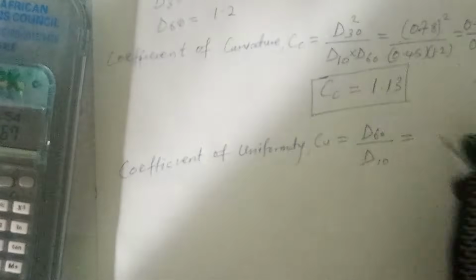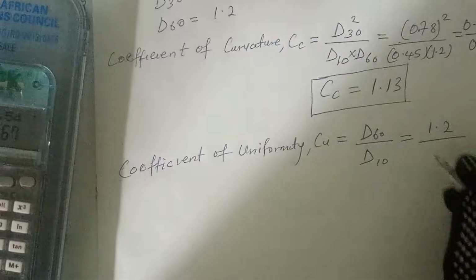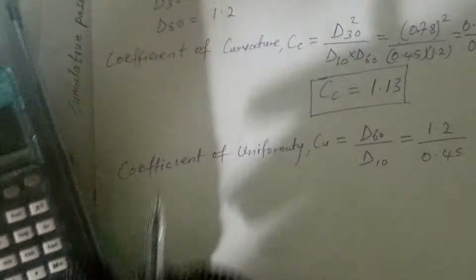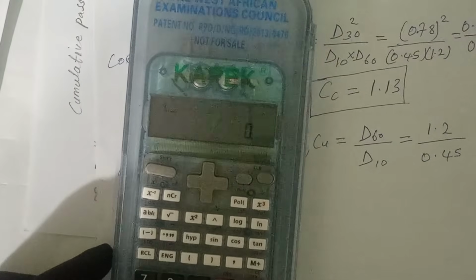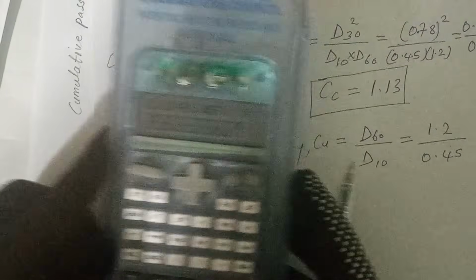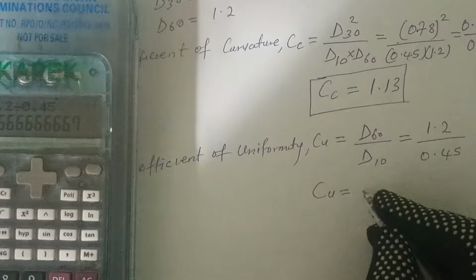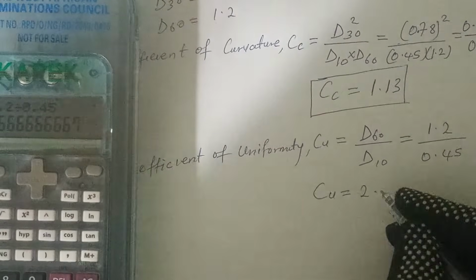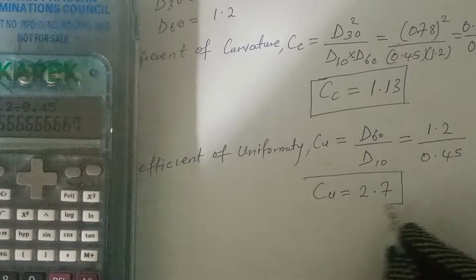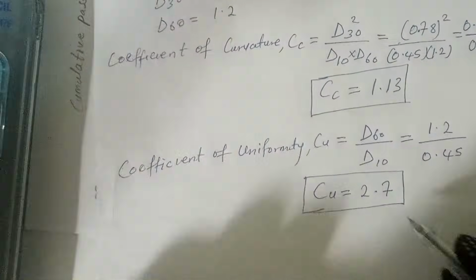The value for D60 is 1.2, while the value for D10 is 0.45. So if you divide it, we have 1.2 divided by 0.45. So the answer is CU equals approximately 2.7. So this is the coefficient of uniformity value.